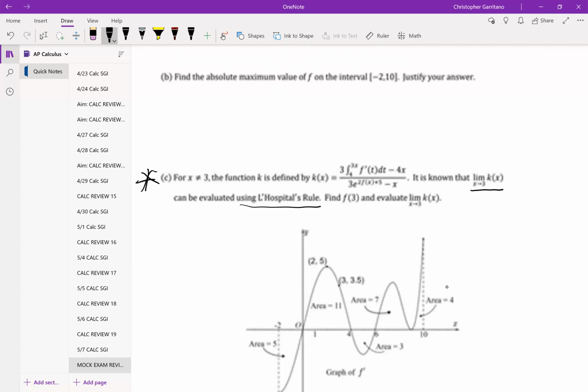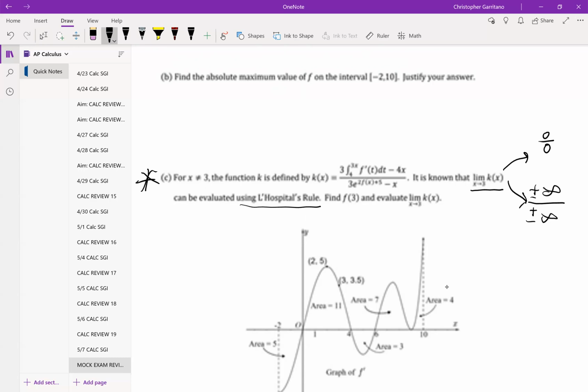Well, if a function's limit at a certain point can be evaluated using L'Hopital's rule, then that means with direct substitution, the limit is approaching 0 over 0 or plus or minus infinity over plus or minus infinity. In other words, if you have a fraction and you use direct substitution, you're getting some sort of indeterminate form.